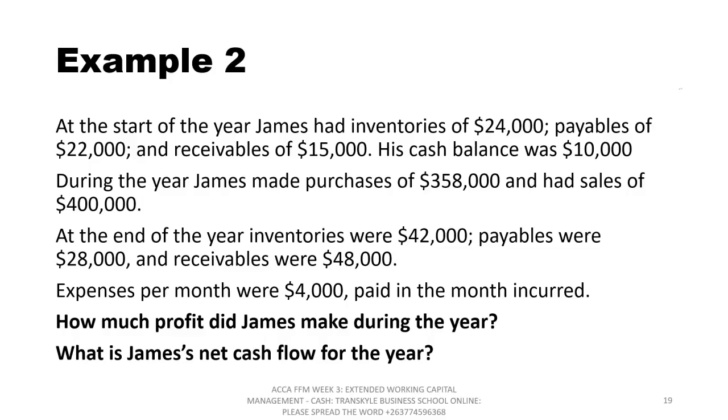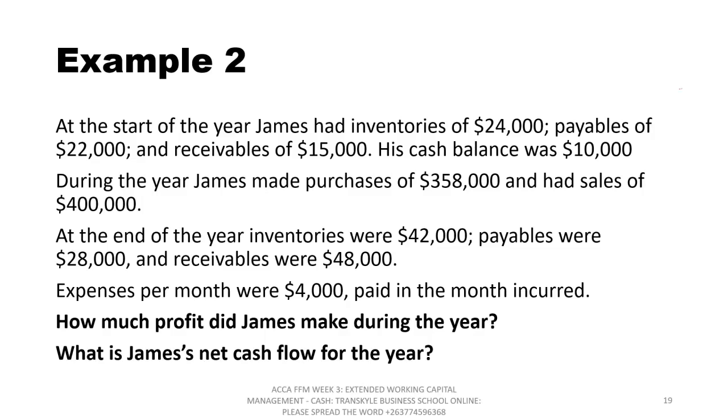At the end of the year, inventories were $42,000, payables were $28,000, and receivables were $48,000. Expenses per month were $4,000 paid in the month incurred.